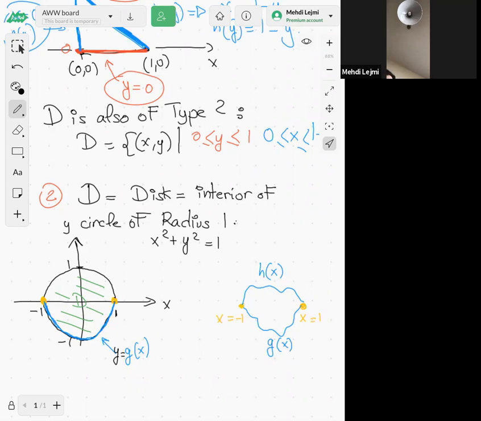We need to solve for y, because it's g of x, so it's a function of x. So what will be y? If you solve for y, you have y squared equal to 1 minus x squared.